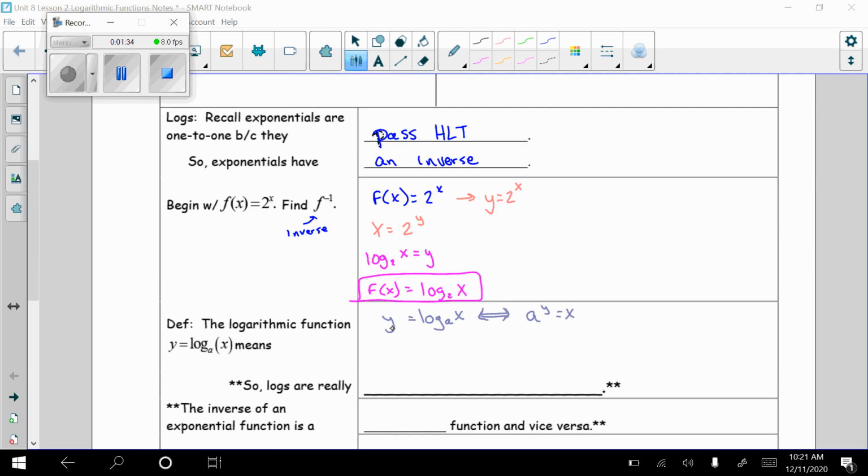So we can switch back and forth between log base a of x equals y to a to the y equals x. And that's what this means. So logs are really exponents. And that's it. They're just rewritten in a different form.